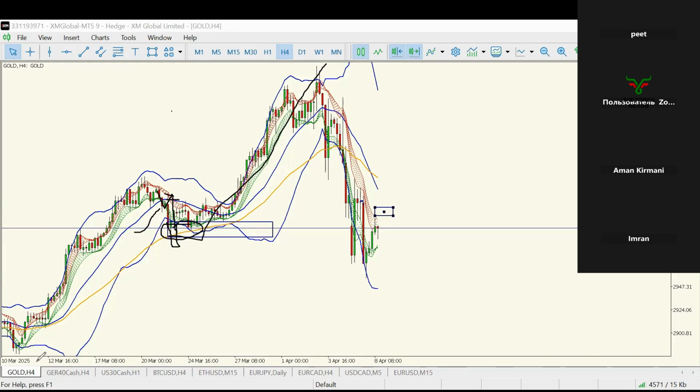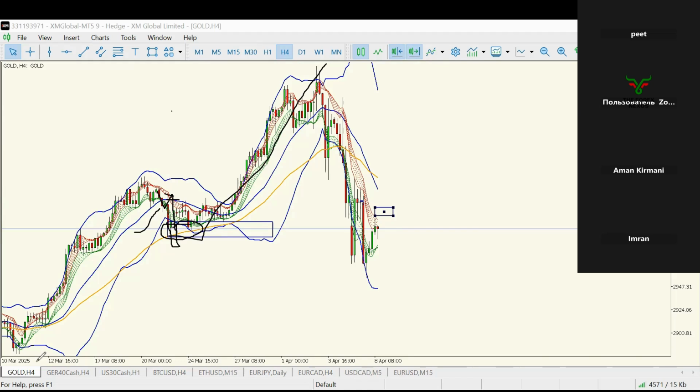Is it clear? Yeah, now I have a question on this. Okay. I mean, when do we stop looking for a nuclear setup? Sometimes it touches, for example right here, it touches only the low BB, but if it has not yet touched EMA 50, can we still look for a nuclear setup?